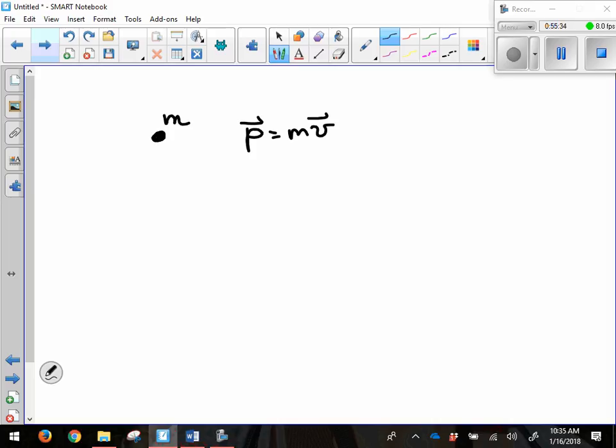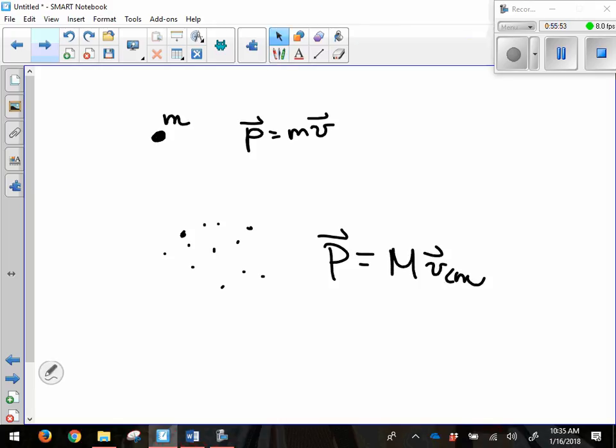However, if I have a whole bunch of particles, whether they make up a blob of water or a notepad or whatever, I can still talk about the total momentum of the system as being the total mass of the system times the velocity of the center of mass, wherever that may be. Which will be a little hand-wavy as we go on.